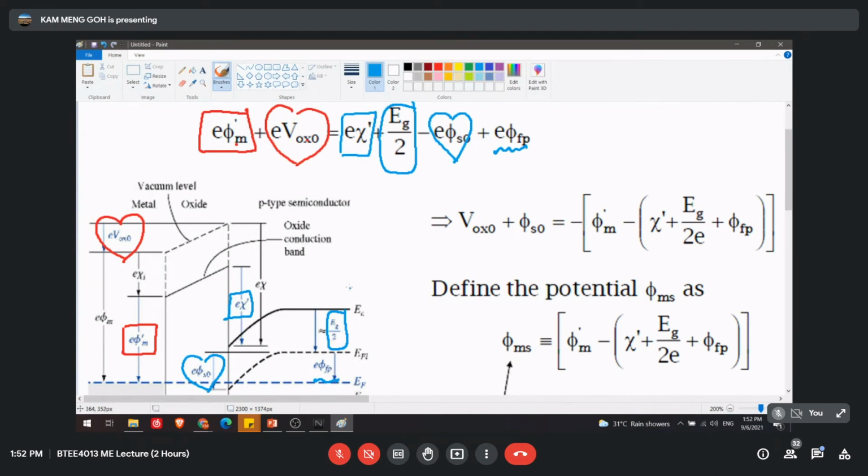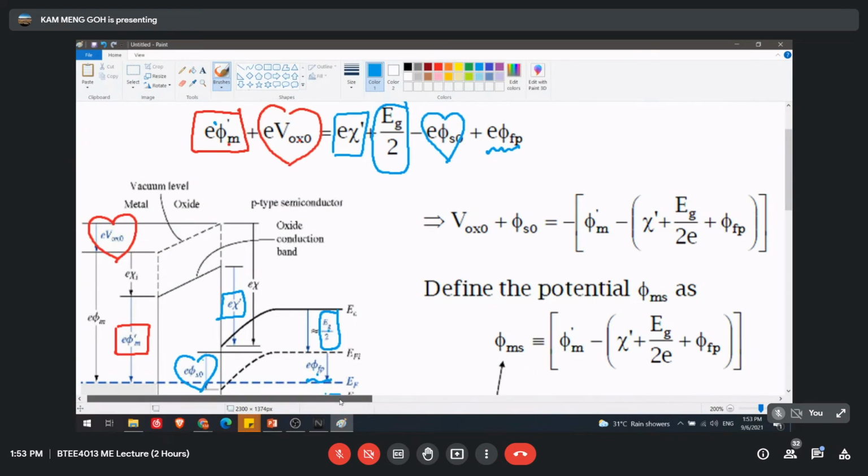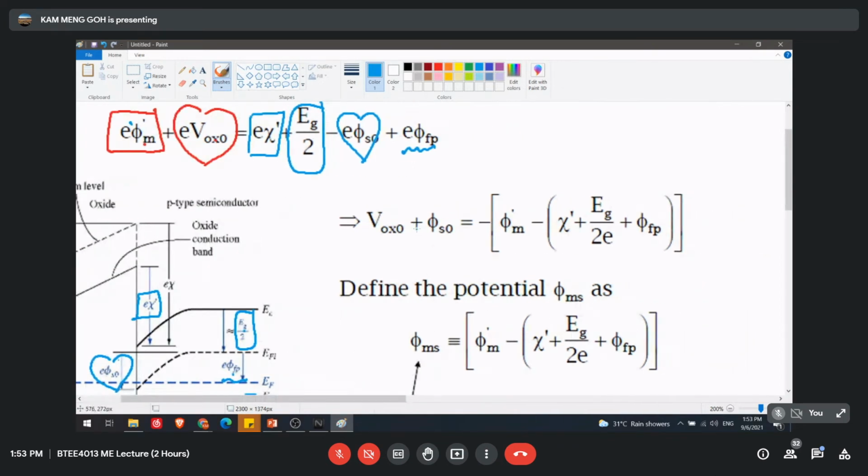Okay, so basically what he does is by adding these two things together, it becomes adding these four things together. Formula wise, he basically just rearranges everything.